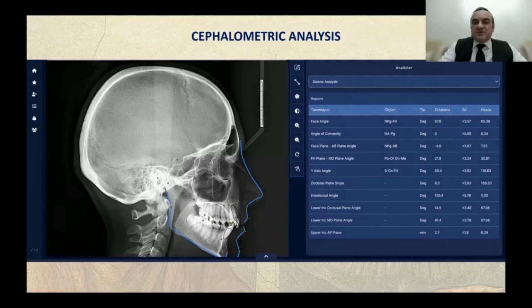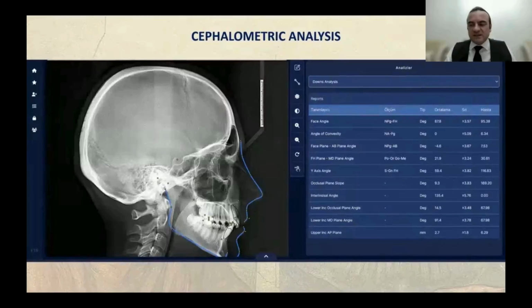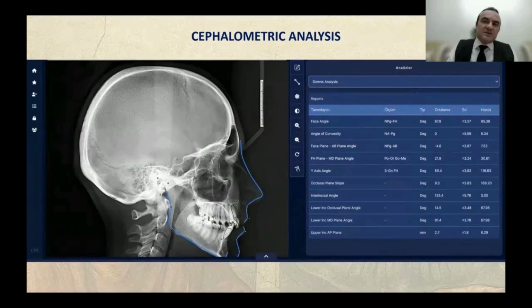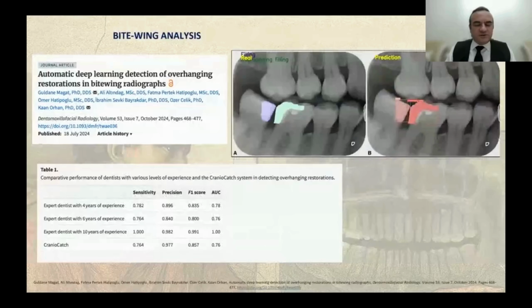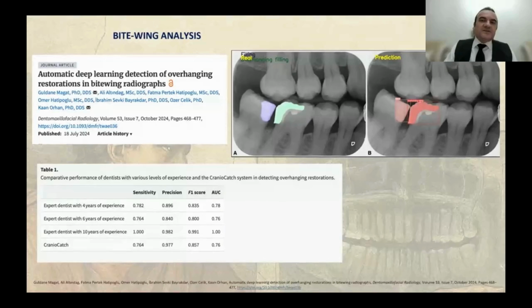But right now, we can do 2D and also 3D cephalometric analysis all the way, not just one analysis, but different types like Steiner, Downs analysis and so on. As I mentioned, there are too many software algorithms, even web-based, that you can use.